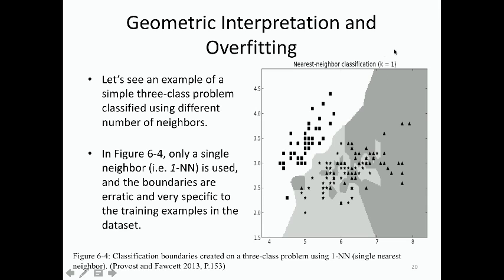So when you do KNN with K equals 1, or we say 1NN, single nearest neighbor, and this is the training data, to estimate the class of a training instance using one nearest neighbor, it will actually be using itself.